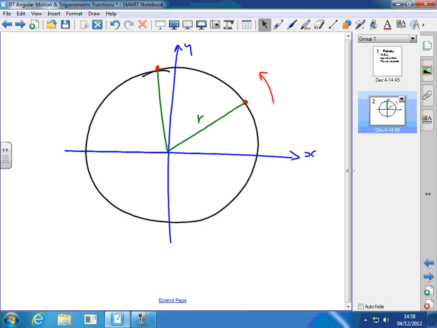So it's going around in an anti-clockwise direction. It's moved from here to here, and it's moved through an angle theta. So this angle theta, from there to there.